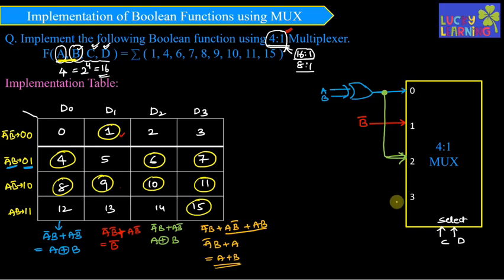Now what is the data input 3? Data input 3 should be A plus B. This is the OR gate. Now this is the realization of the Boolean function using a 4:1 multiplexer.